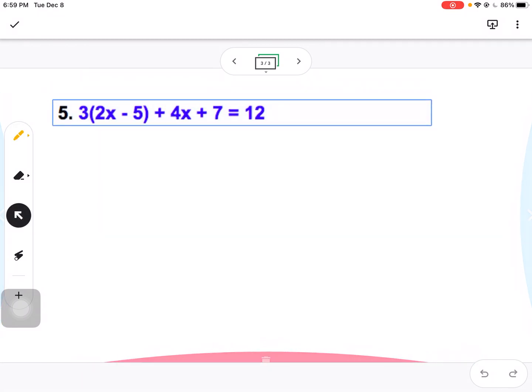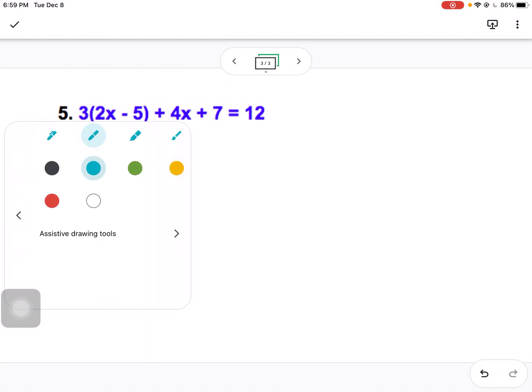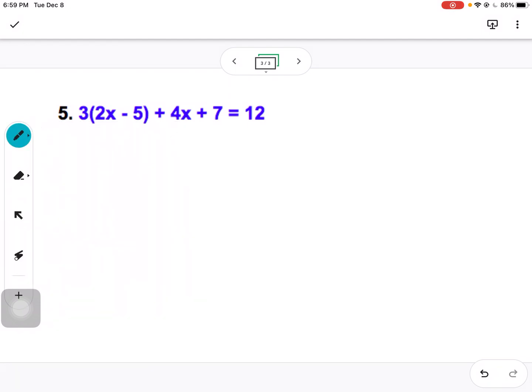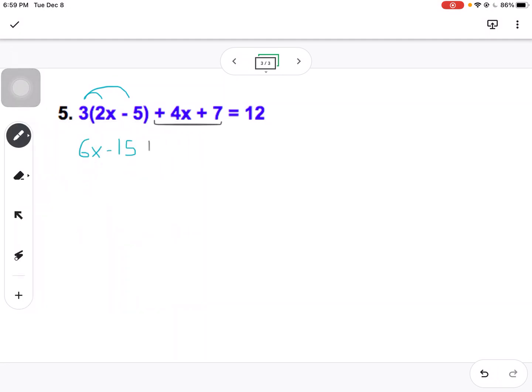Lastly, you might get a problem sometimes where you need to distribute and combine like terms. For example, this problem, first we need to distribute this 3 onto everything in parentheses. 3 times 2x is 6x. 3 times -5, -15. I'm going to just rewrite the rest.